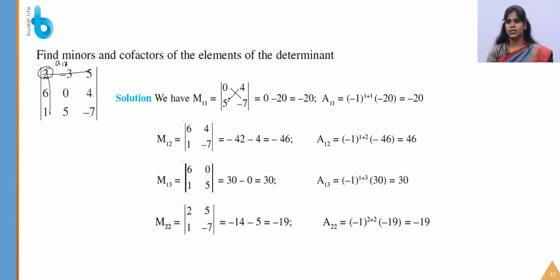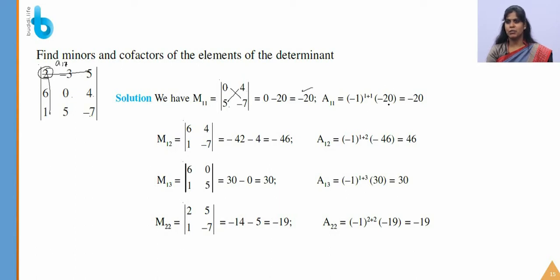Now multiply 0 into minus 7 is 0, minus 5 into 4 is minus 20. So the minor of 2 is minus 20. Its cofactor also we will find parallelly. Cofactor is minus 1 to the power 1 plus 1 into minus 20.